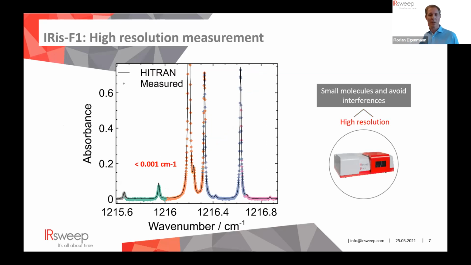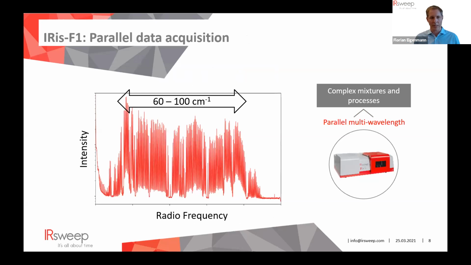By sweeping the combs, it's also possible to do high resolution spectroscopy, and we already recorded better resolution than 0.001. We go into details in some other webinars, which I will give a brief overview of later on as well.